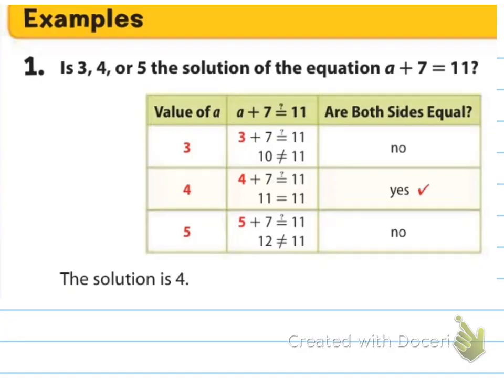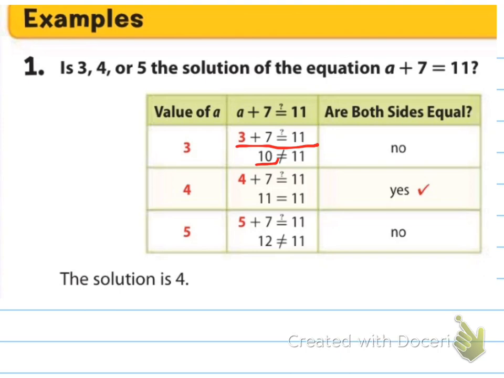So number 1, it says, is 3, 4, or 5 the solution of the equation a plus 7 equals 11? And so we can just substitute it in. And you guys know how to substitute. So say it's 3. We're going to say 3 plus 7. Does that equal 11? No, 3 plus 7 equals 10, and that does not equal 11.